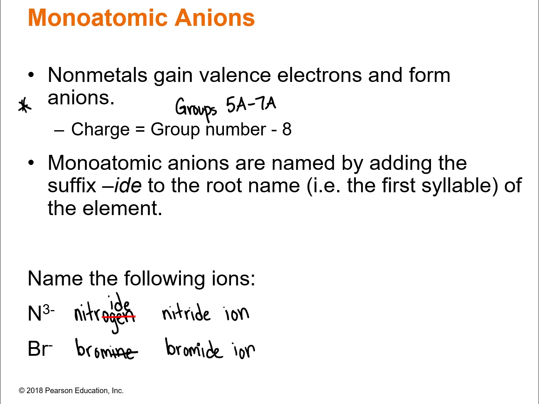But I'm going to be a little bit lenient as long as I can tell that you know what you're doing. So don't give me like brominian or something like that. That's really wrong. So try to do your best with the spelling for the chapter check-in, but know that for the exam, it will mainly be multiple choice.